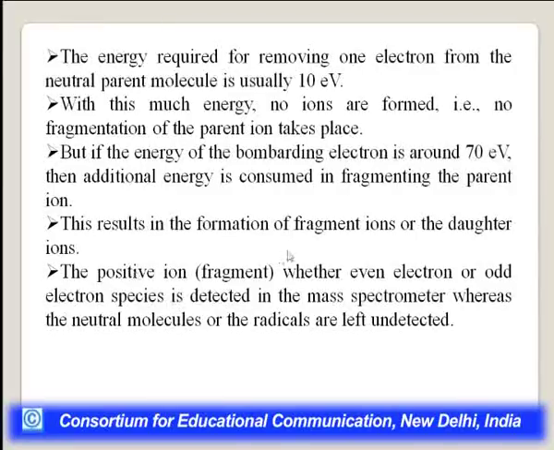So you must notice this point, that a positively charged ion, a molecular ion or fragment ions, will be detected by a mass spectrometer, whereas neutral molecules or radicals, you know what are radicals? Any species containing an odd number of electrons will not be detected by the mass spectrometer, and they will be left as undetected fragment ions or parent ions.